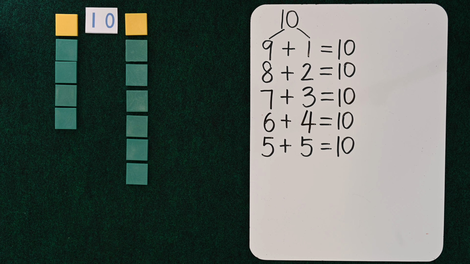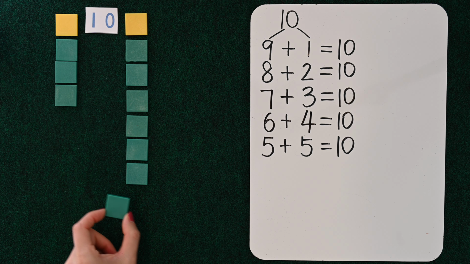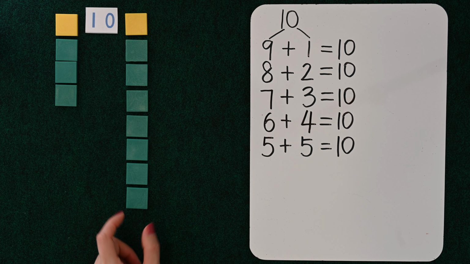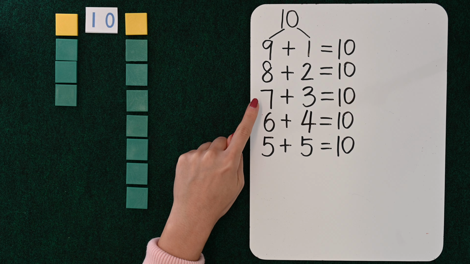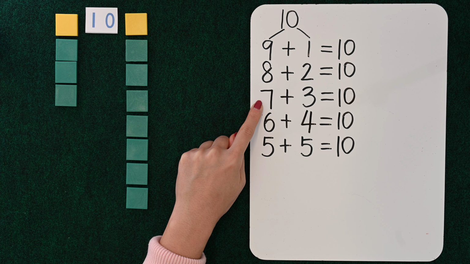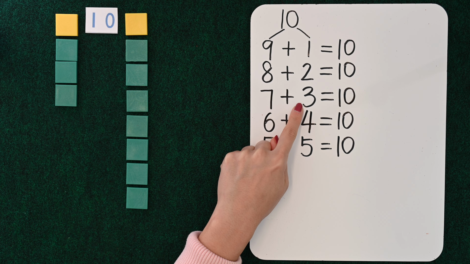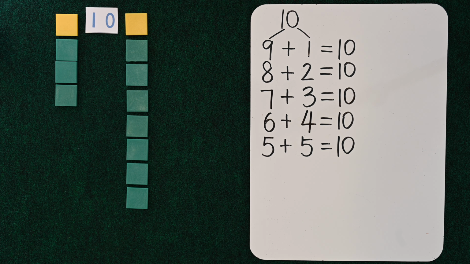Now let's move one more cookie. You have 3 for the first kid, 7 for the second kid. Where does it show up where 7 and 3 occur? Ah, there you have it. 7 for the first kid, 3 for the second kid is 10. And 3 for the first and 7 for the second is also 10 because of, as you know, commutative property.